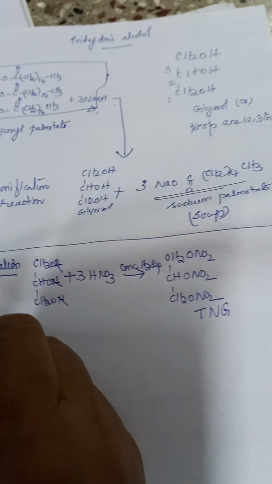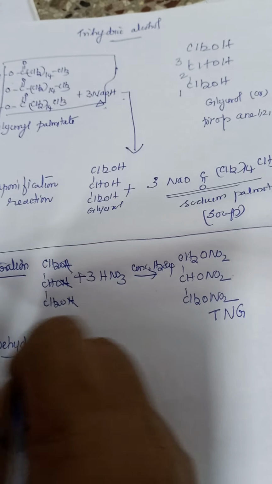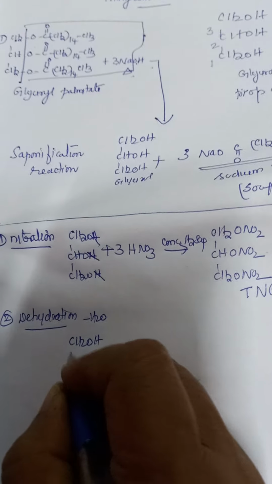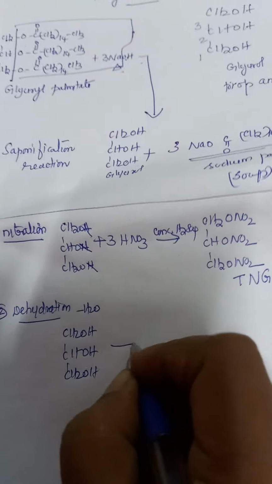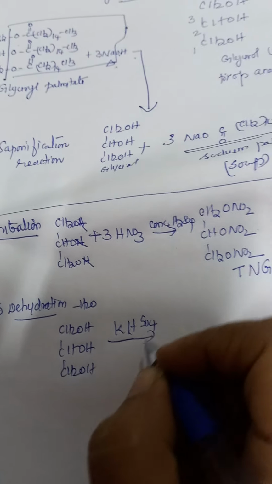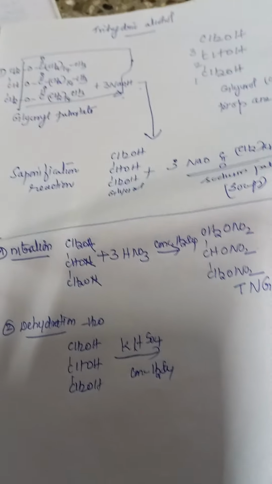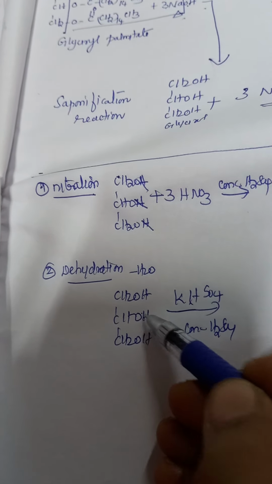Now the next property, dehydration: removal of water molecules. Glycerol, CH2OH, CHOH, CH2OH, when treated with potassium hydrogen sulfate or concentrated sulfuric acid, 2 water molecules are removed: OH from here, H from here, and OH from here and H from here.